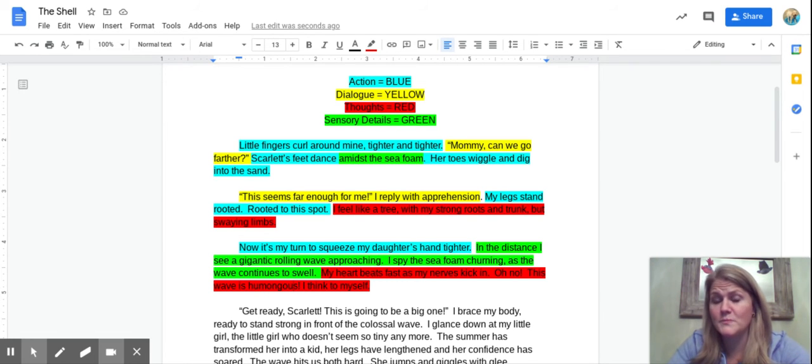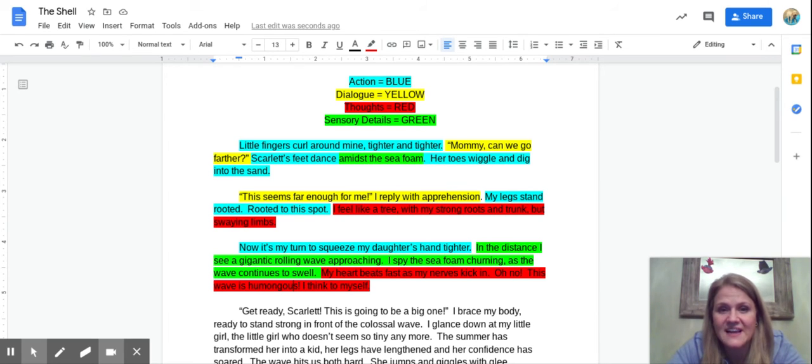You might be doing this activity and you might realize, wow, I don't have any sensory details. So you're going to go in and add more details that show your setting. Or maybe you realize, wow, I don't have any dialogue. I need to really show the reader what my characters were saying in my story, right?